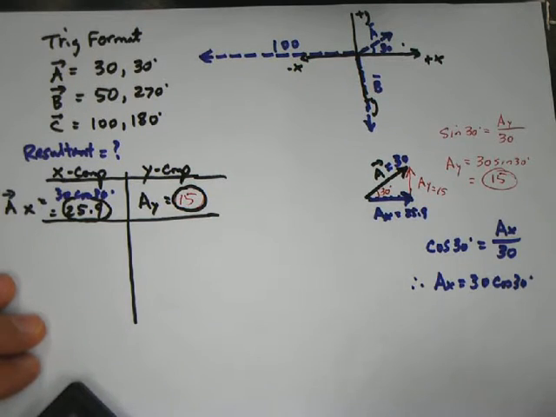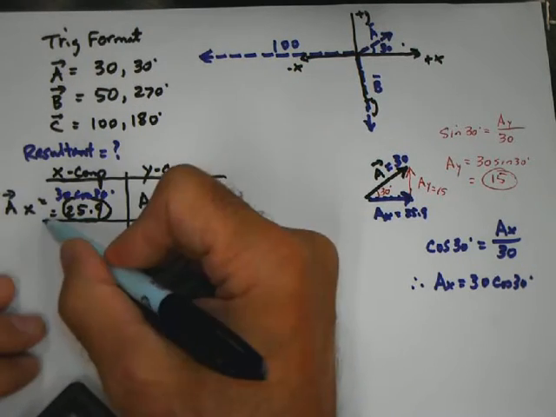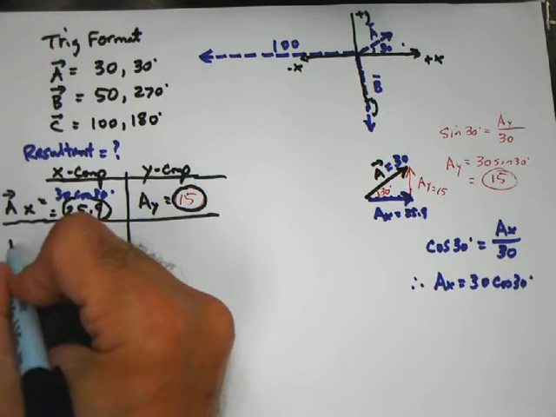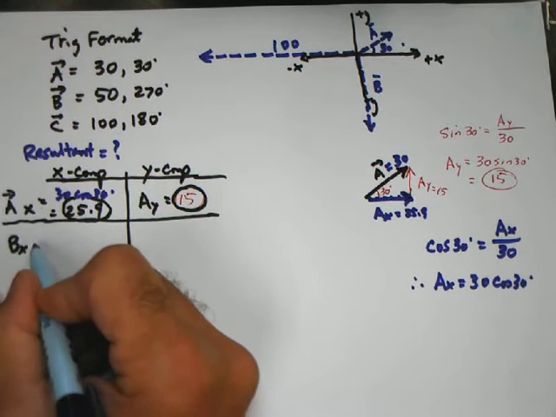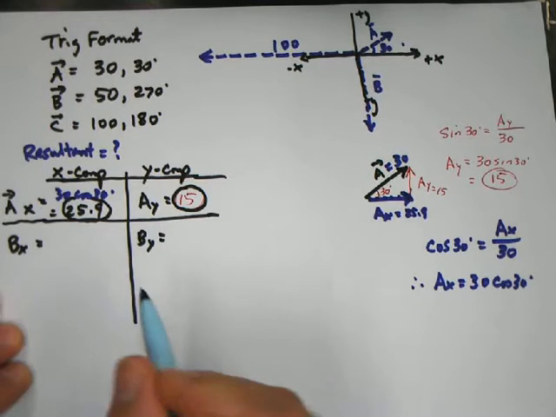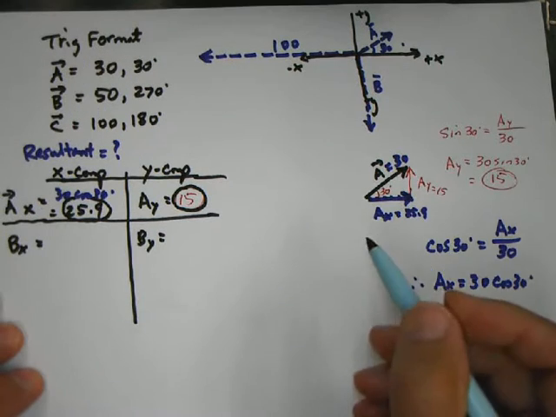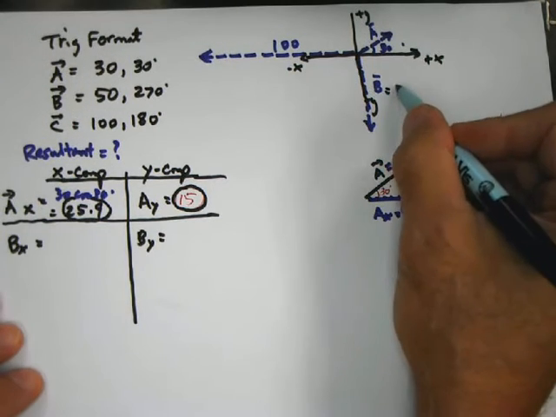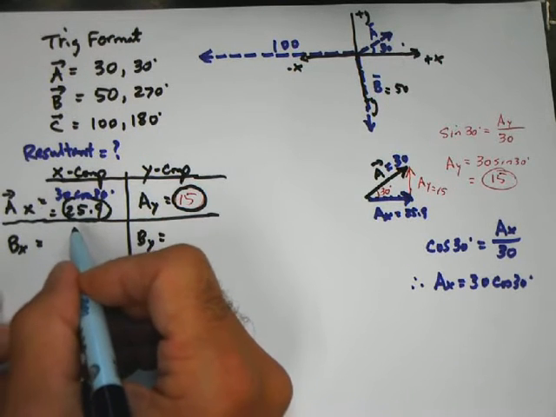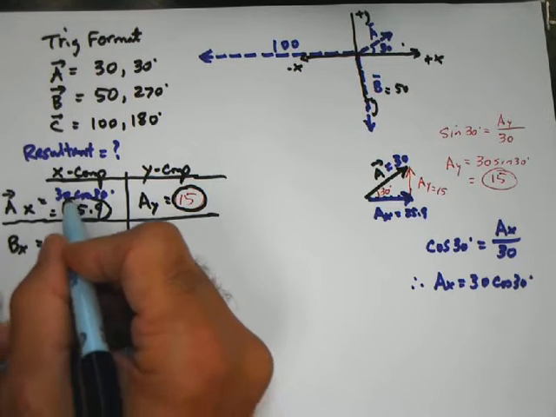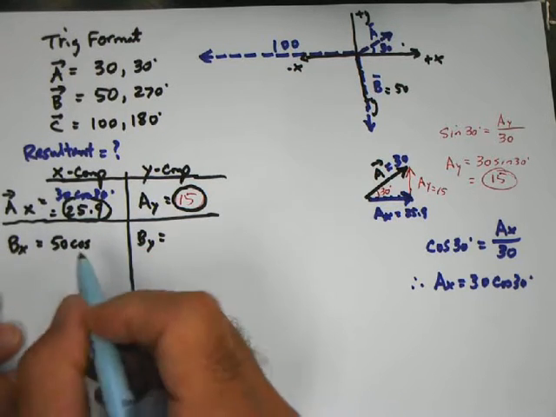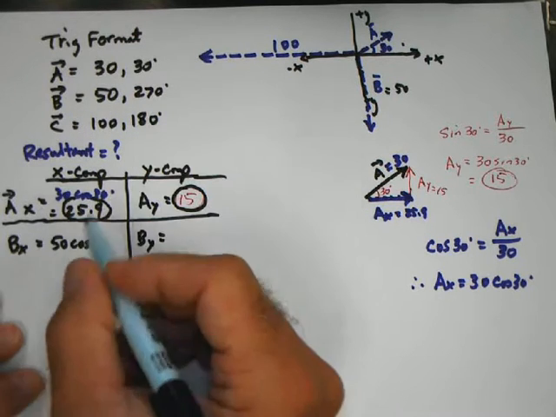Now let's move down and address the next vector, vector B, and we'll find the x component, B sub x, and the y component, B sub y. Okay, here we go, same idea. This time vector B has a length of 50, so we'll use the same approach, using this as a model. We'll put 50 in here times the cosine of 270 degrees.